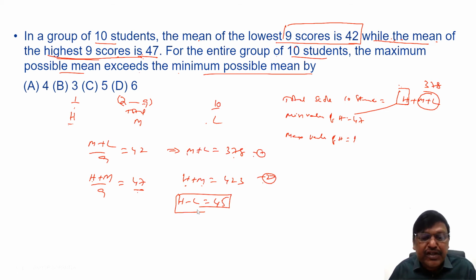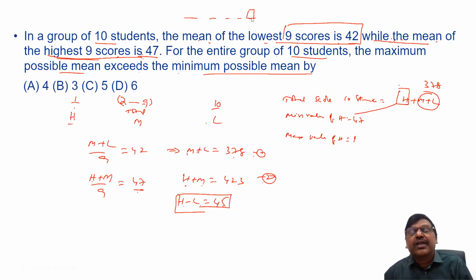The maximum value of H: since H minus L is 45, H can be maximum when L is maximum. The lowest 9 scores have a mean of 42. What can be the last person's score? If the mean is 42, the lowest score should be either less than 42 or at most equal to 42, if all of them are 42.